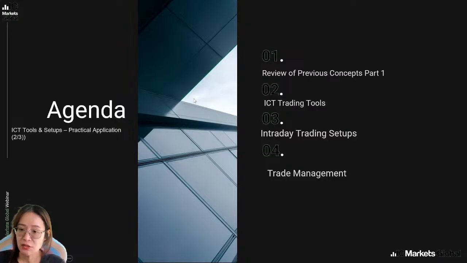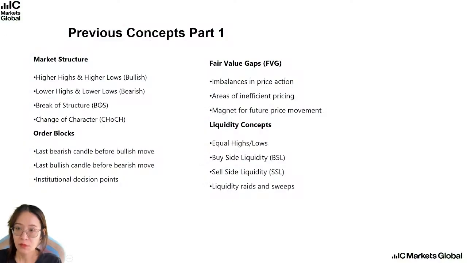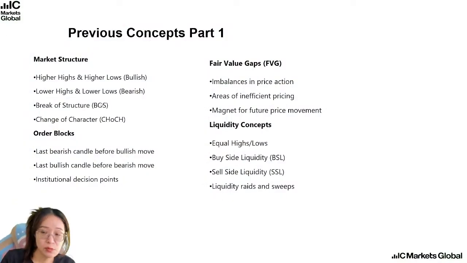So this is the agenda for today. We're going to recap what we did in part 1, which was last Tuesday, and what ICT trading tools you can use on TradingView, intra-day trading setup and trade management. Last week we covered that you need to look for market structure.